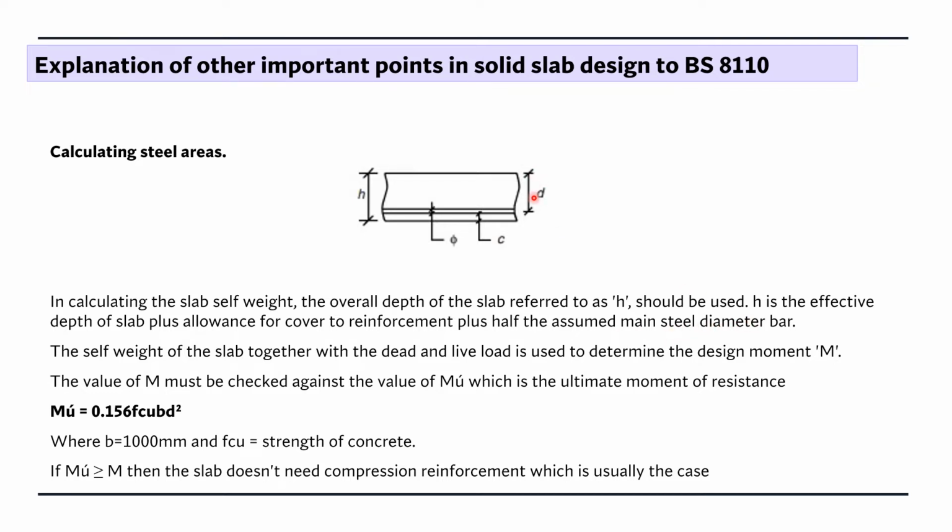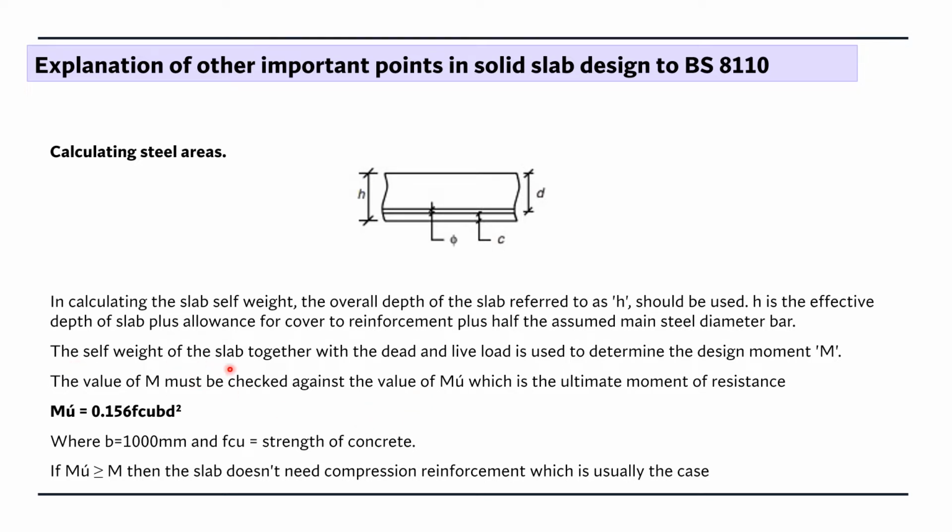So d is effective depth, h is overall depth of the slab. Now c is represented as the cover to the reinforcement, which is shown here, and then we have this represents the diameter of the reinforcement bar shown.